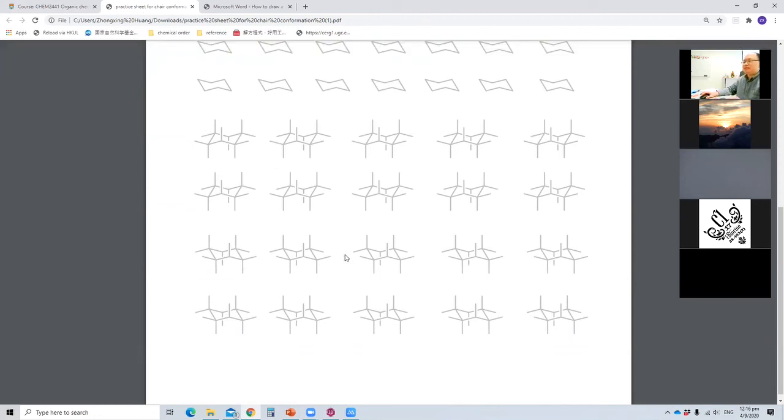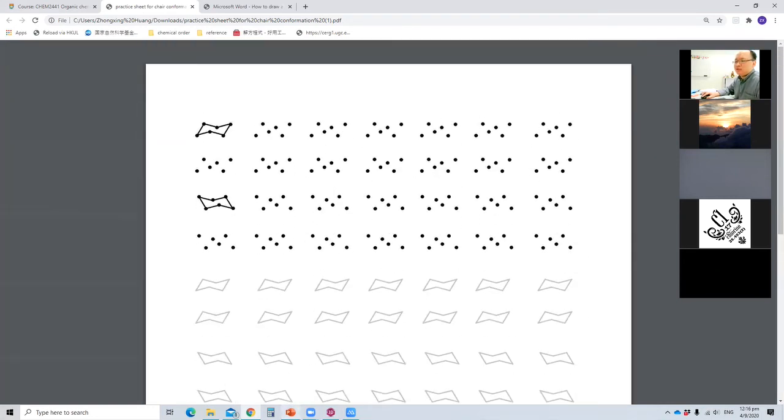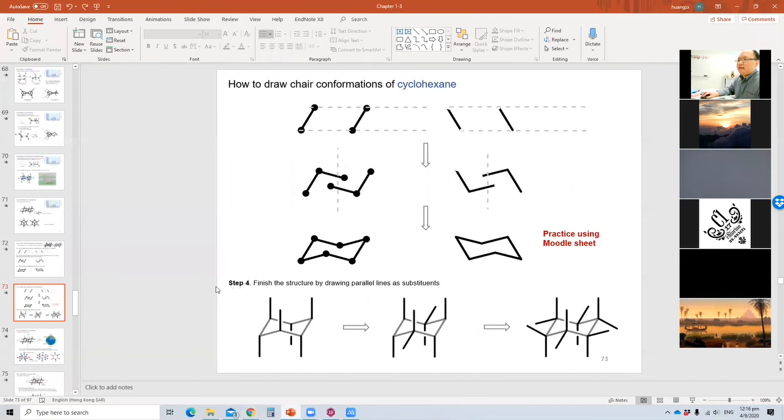With all this practice, I think it will take you several times to get familiar with how to draw the chair conformation, but you will eventually be very good at it. This also helps you draw chair conformations better during the midterm. If you draw really ugly chair conformations, it's a disaster for us to grade, you know. So please practice on this.